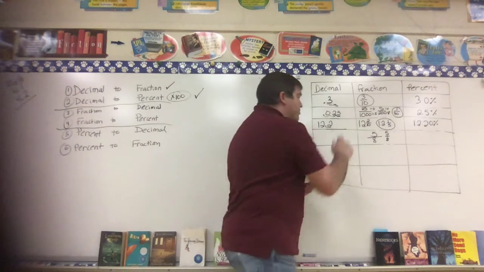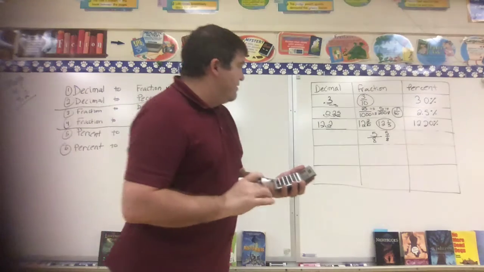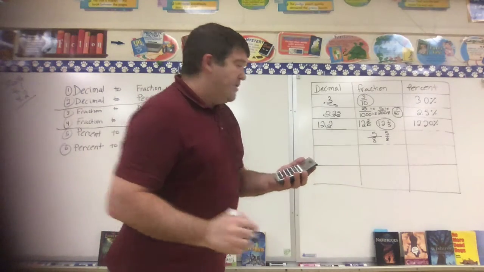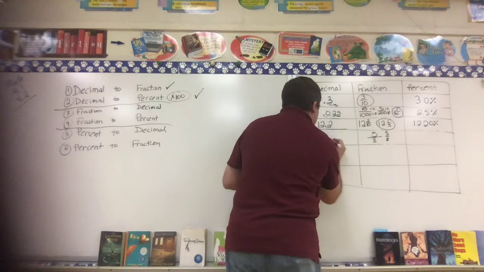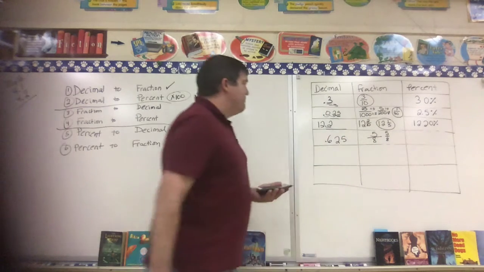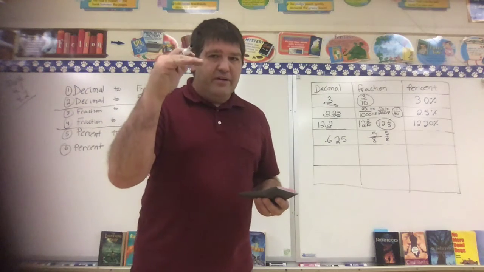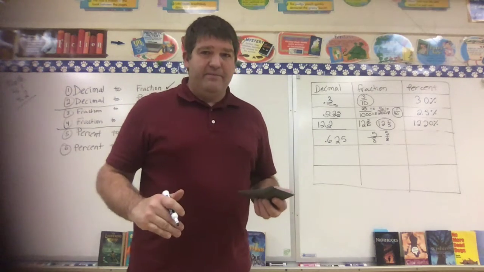So you start with your numerator, 5, and you divide it by your denominator, 8, and it gets you 0.625. That's all I did. I just did the numerator divided by the denominator.